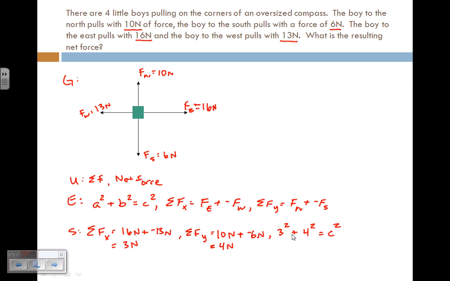At this point, it's just math simplification. 3 squared is 9, plus 4 squared is 16, so we end up with 25 is equal to c squared. We take the square root of both sides, and we end up with a solution where the net force in this problem is equal to the square root of 25, which is 5 newtons.